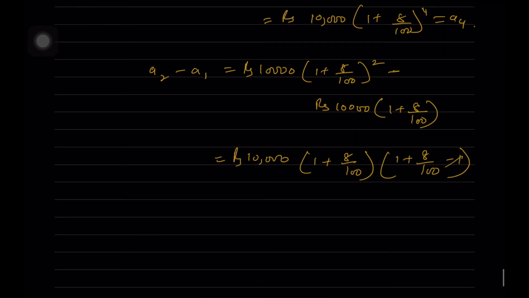So this 1 and this 1 get cancelled, and this is equal to rupees 10,000 into 1 plus 8 by 100 into 8 by 100.